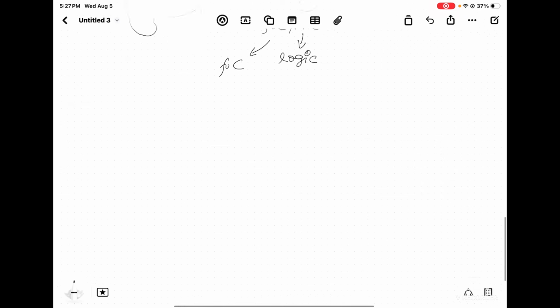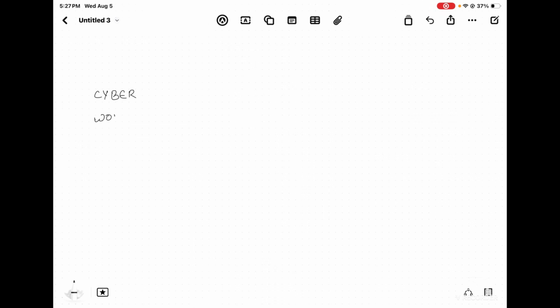So if we have to sum this up, here is our cyber world. What does it do? Sensing and input, so sensing or perceiving the vision from the 3D world. Here data is acquired.